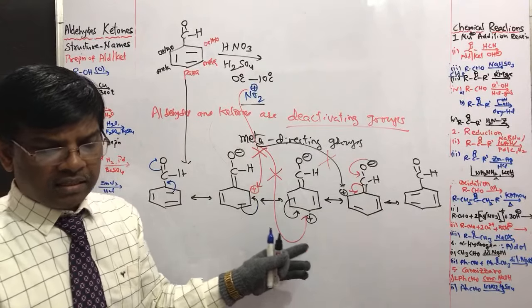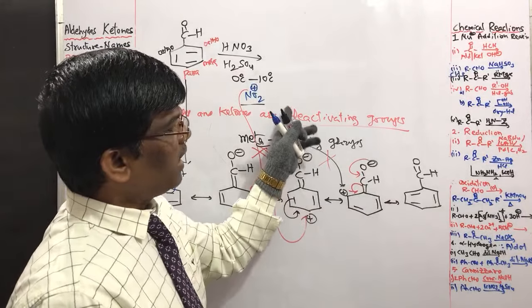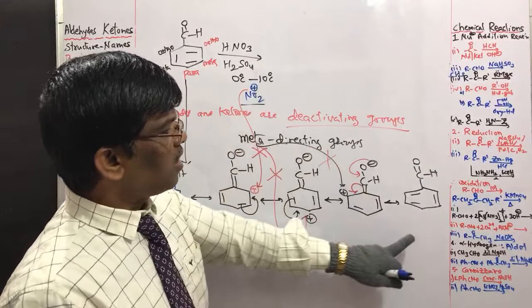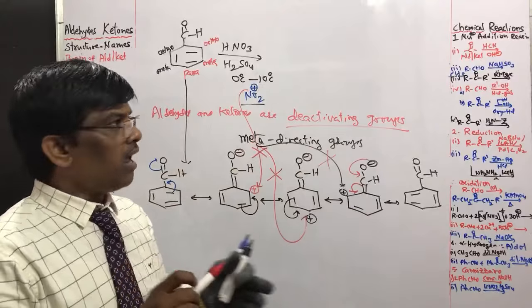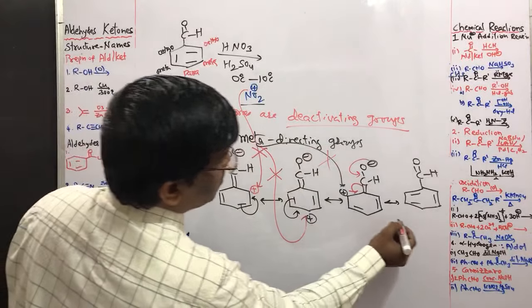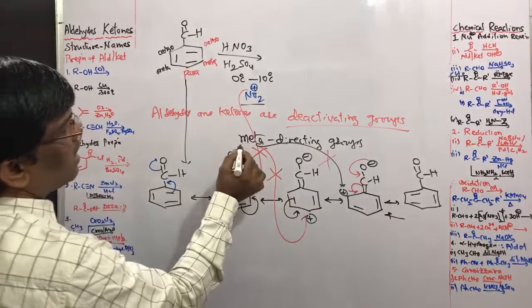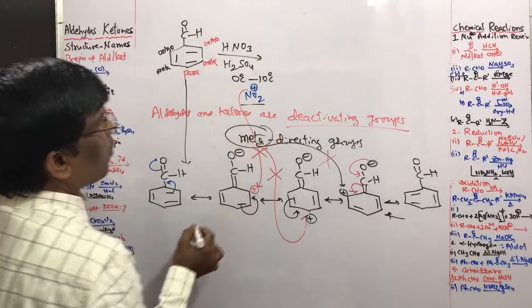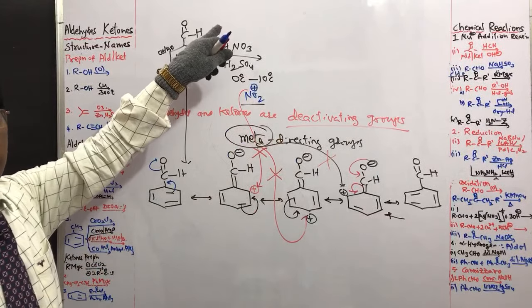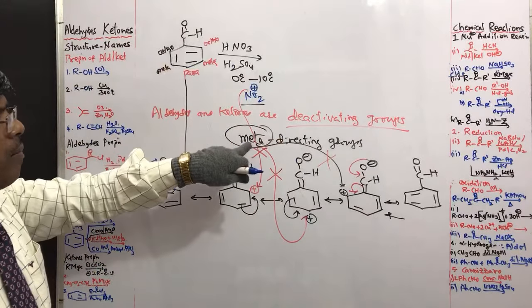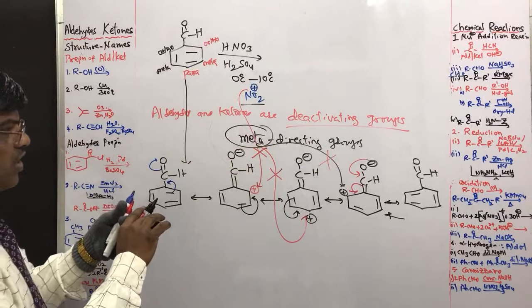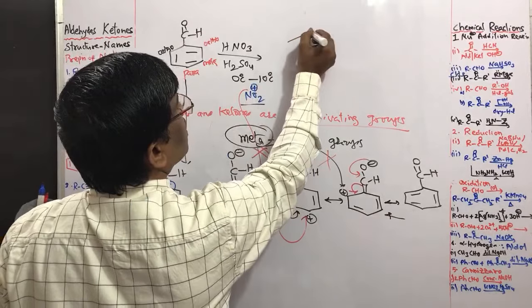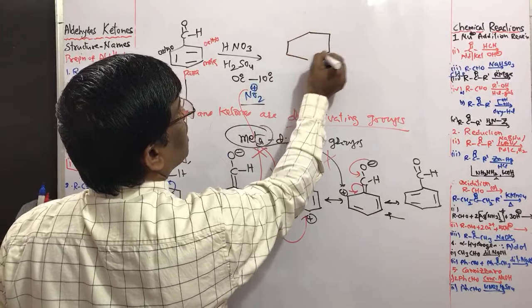That is why the incoming electrophile NO2 plus is not going to attack the ortho and para positions. So the leftover is the meta position. That is why aromatic aldehydes and ketones are meta-directing compounds. So the nitration takes place at the meta position.